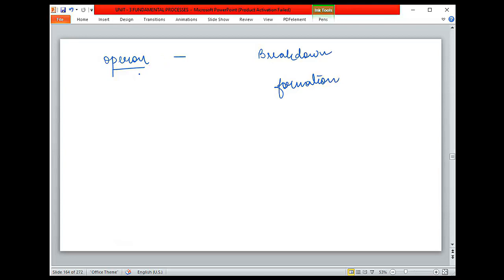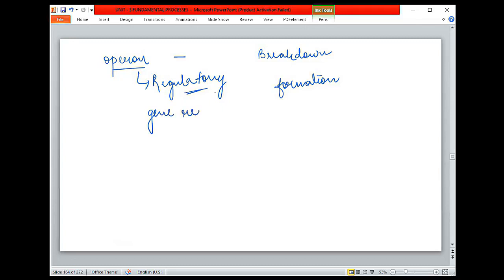That means the operon is a regulatory entity which is helping in the formation or the breakdown of whatever content we are looking into. So it is a unit of gene regulation.